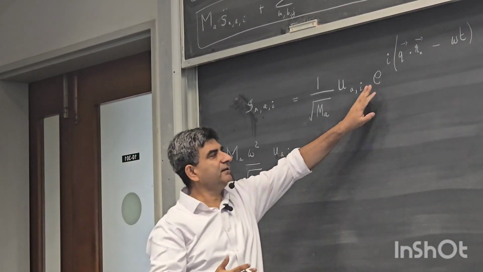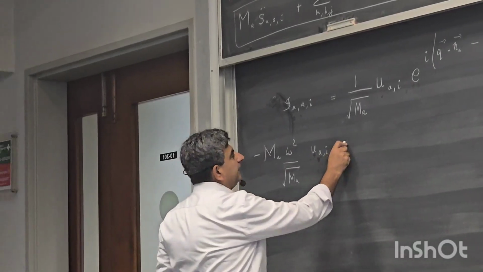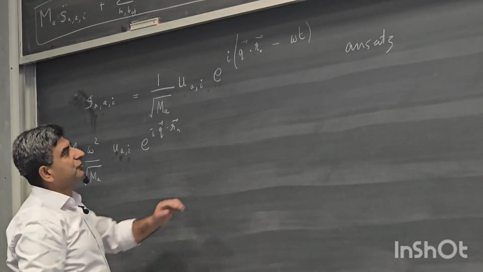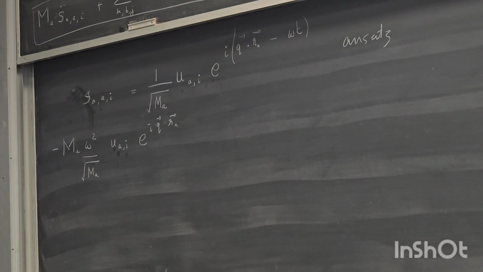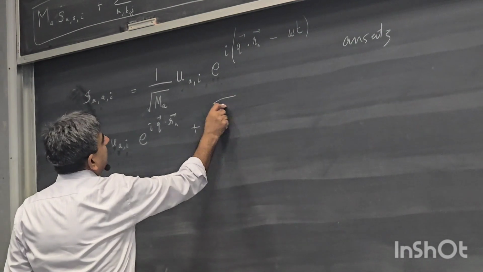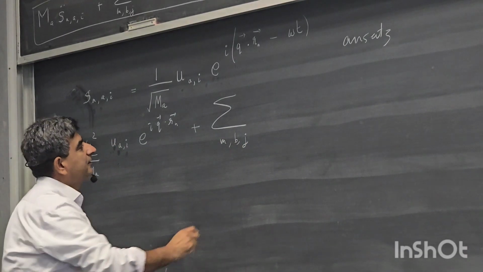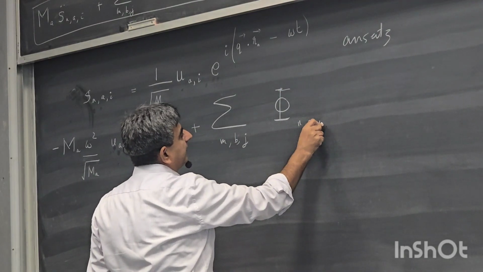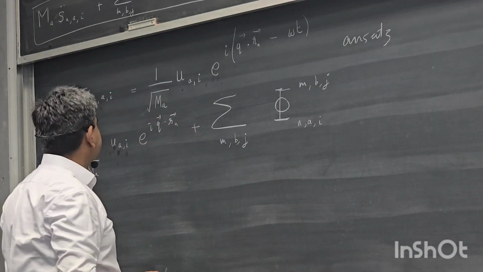The phase will be different, but the amplitude is going to be the same. u_ai e to the i q dotted with R_n. I also drop this omega t factor because this term is going to appear with everything, so it's common to all terms, plus the sum over all m's, b's and j's, and I have phi nai mbj s mbj.